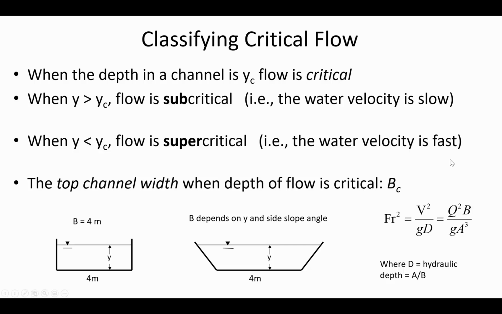This particular version of the equation may not yet look familiar, because the previous version of the Froude number equation that I gave you was, I think, specifically for a rectangular channel. This is valid for any channel geometry, whether it's trapezoidal, rectangular, circular, triangular, anything else.